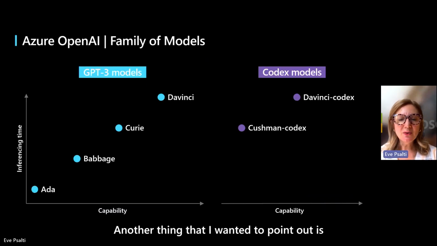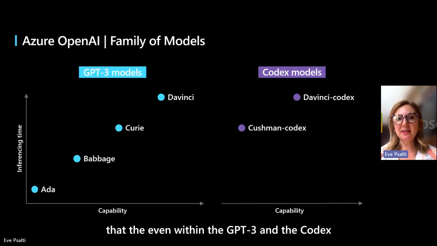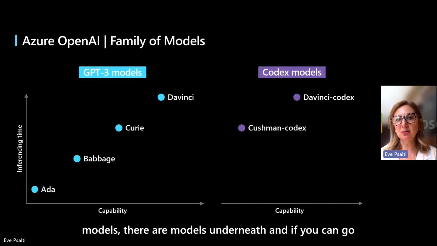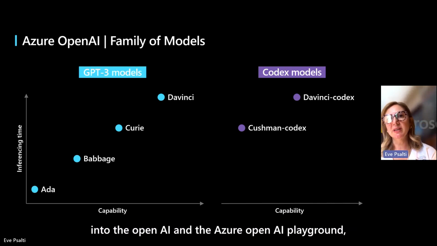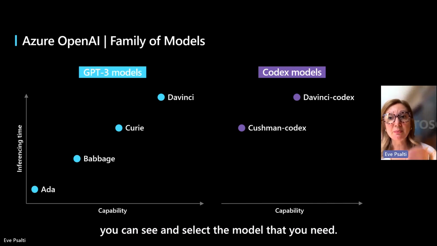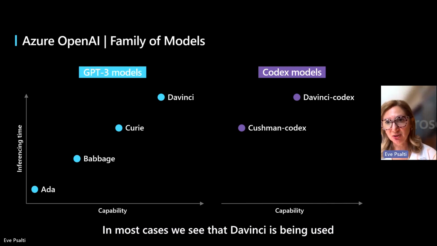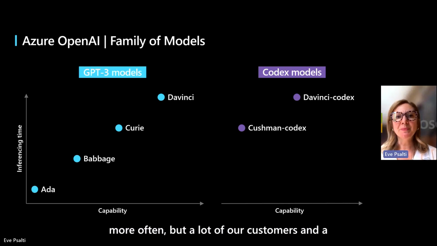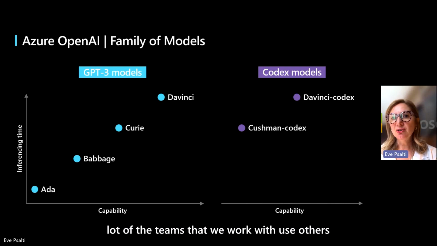Another thing that I wanted to point out is that even within the GPT-3 and the Codex models, there are models underneath. If you go into the OpenAI and the Azure OpenAI playground, you can see and select the model that you need. In most cases, we see the Da Vinci being used more often, but a lot of our customers and a lot of the teams that we work with use others like Curie or Cushman.